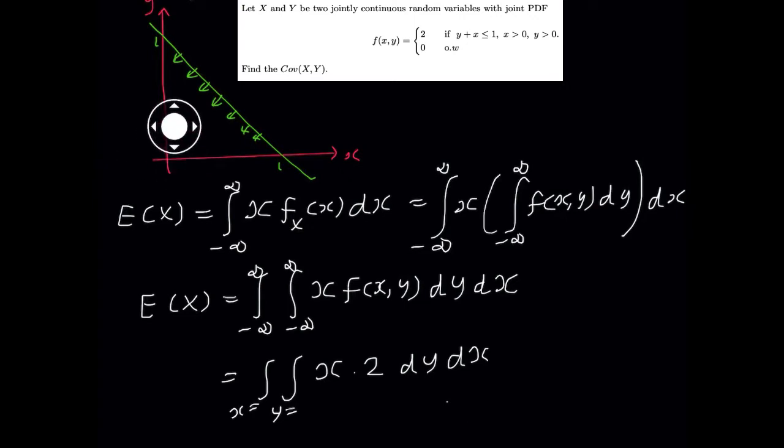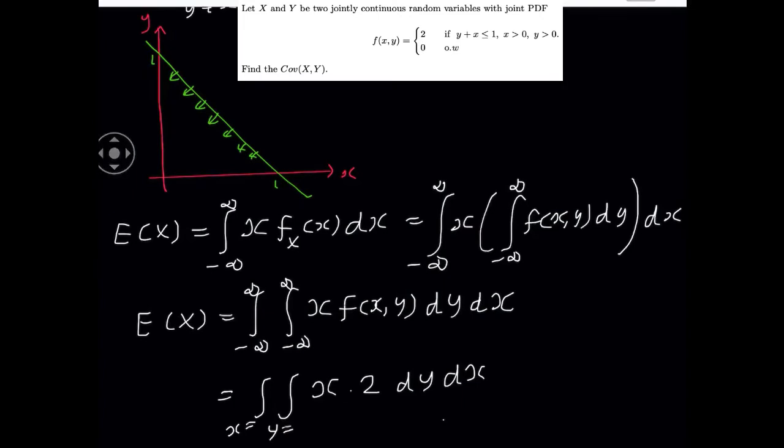You see y goes from here to here because we should consider only this region. So y starts from 0 and stops on this line, which is y equals negative x plus 1.